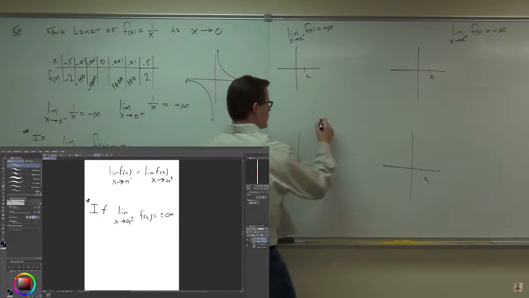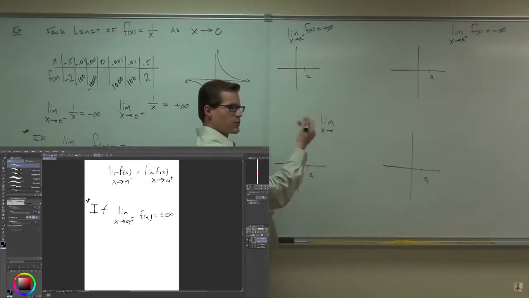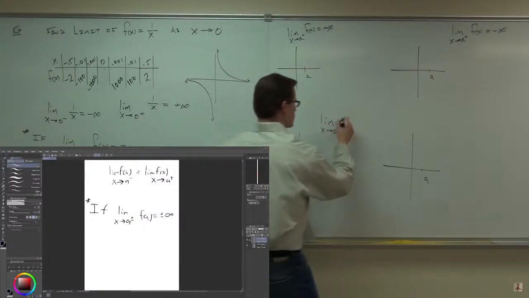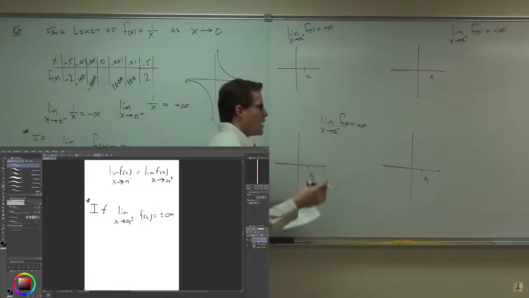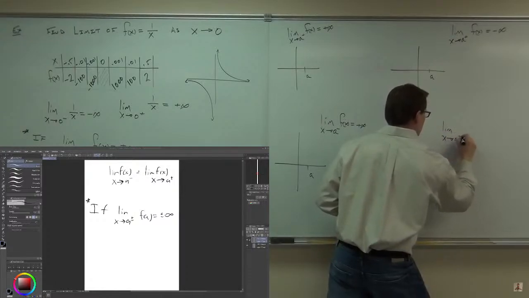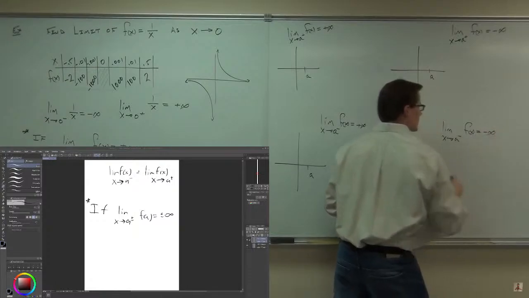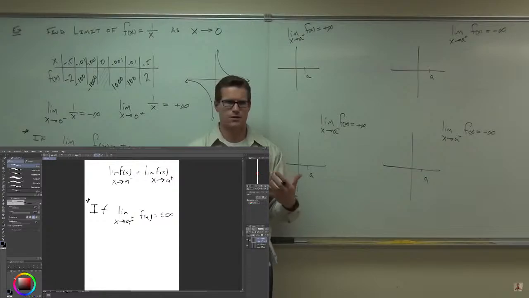Another case would be if we went to a from the left and went to positive infinity. Or what would happen if we went to a from the left and it gave us negative infinity. Would you agree those are all four permutations, all four cases of this?